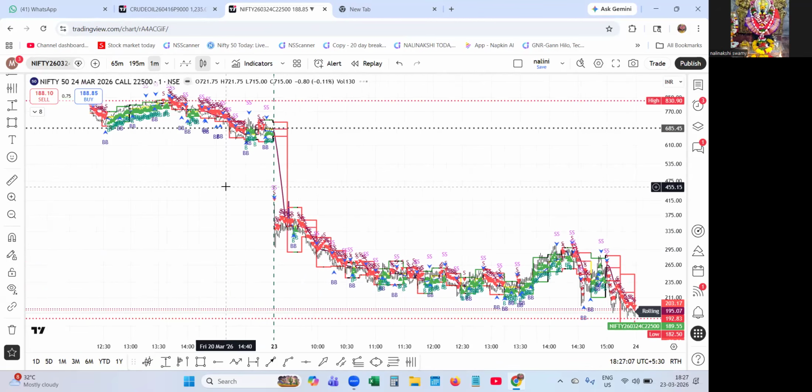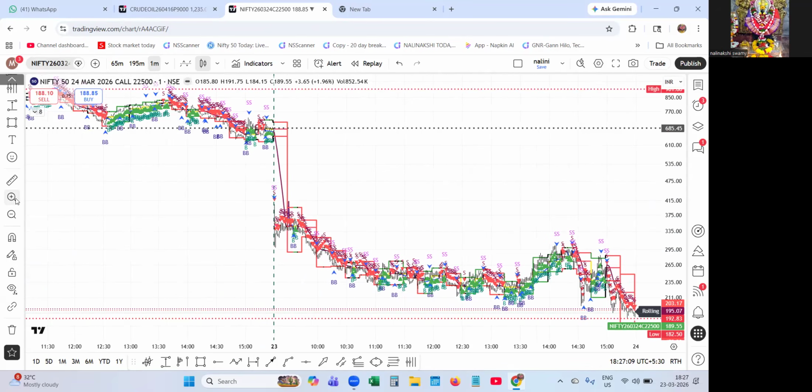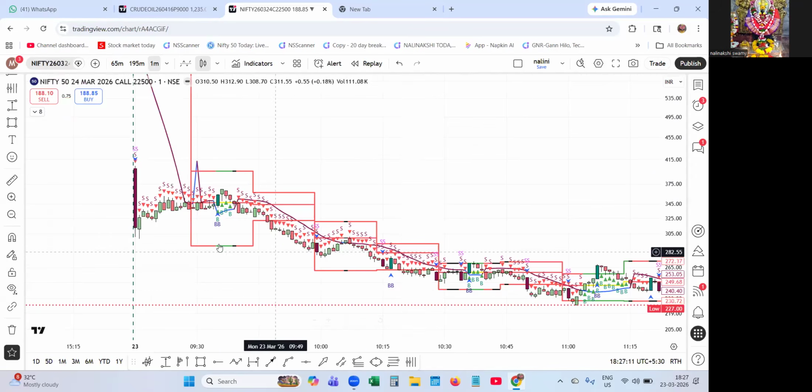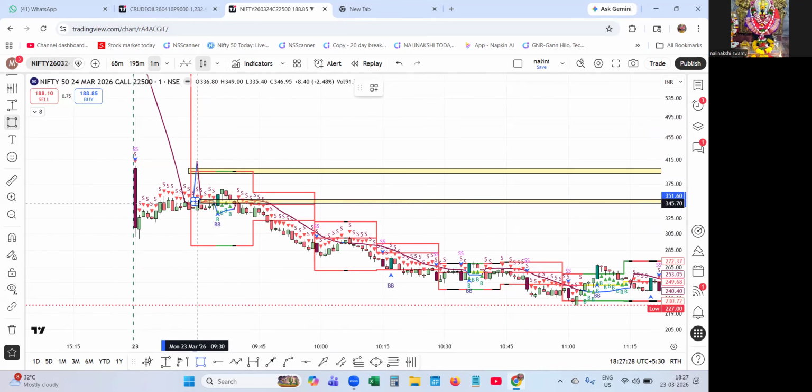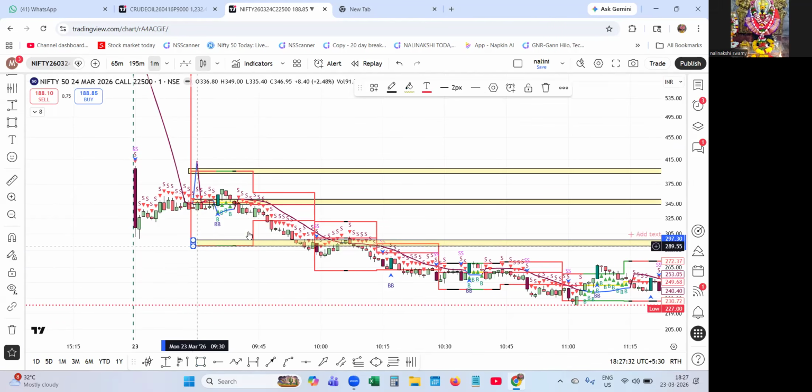1 minute time frame. So the reason for that 1 minute time frame, we'll be getting this pivot box immediately. So we are marking this pivot box, and you see beautifully this is the resistance.